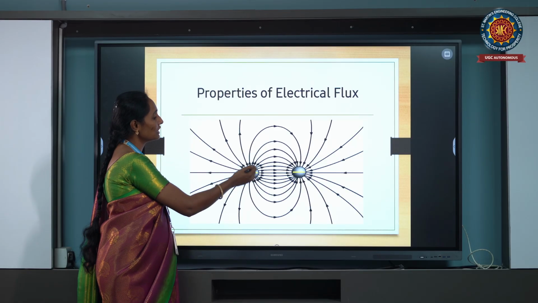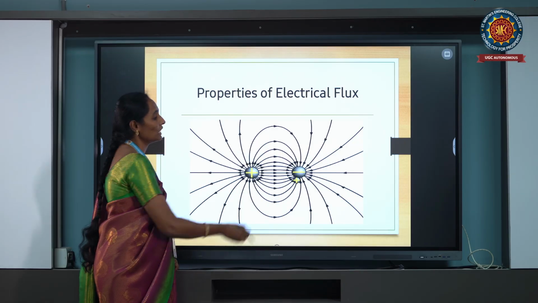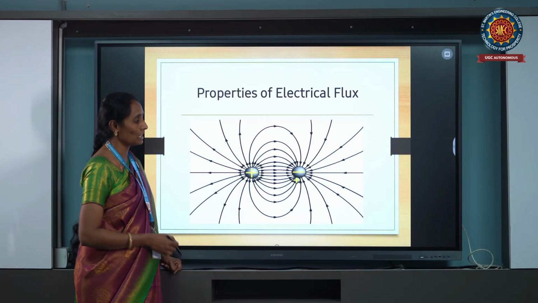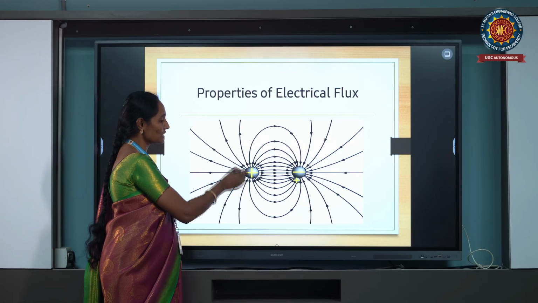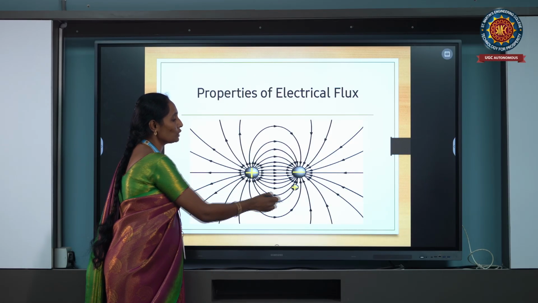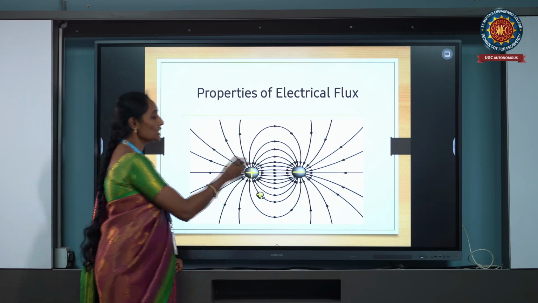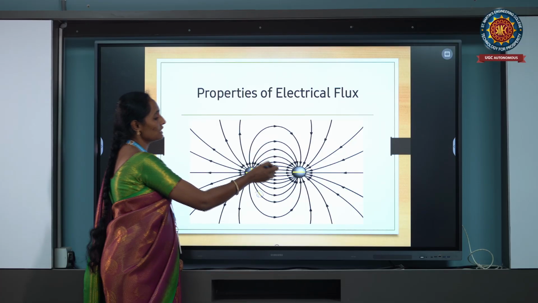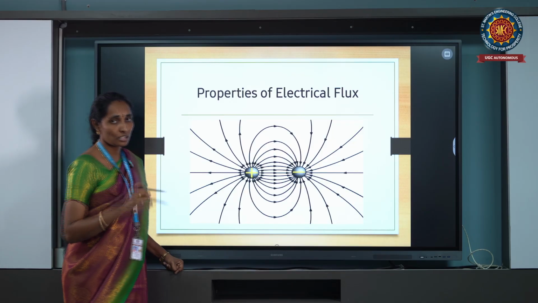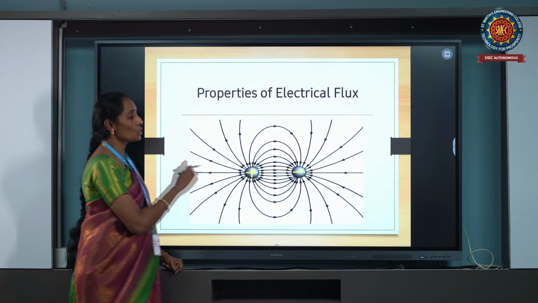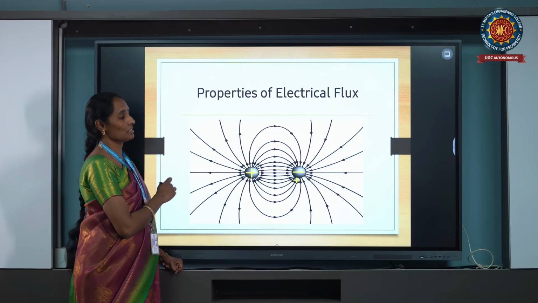Here you can see a region consisting of two charge particles, one positive and one negative. According to the property of electrical flux, the flux always starts from the positive charge particle and ends at the negative charge particle. There is no loop back from the negative charge particle to the positive charge particle. That's why the electrical flux is always an open loop. Based on this property, Maxwell derived the first Maxwell equation.